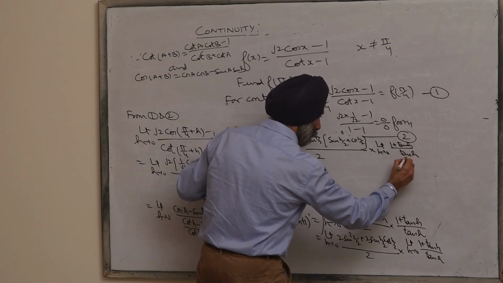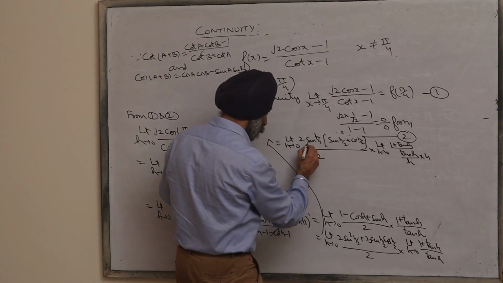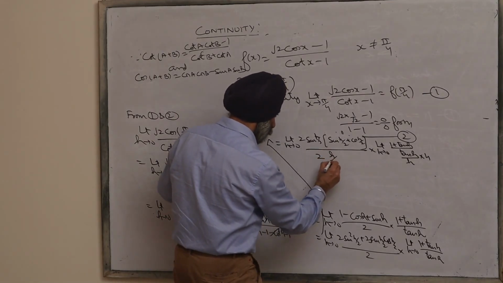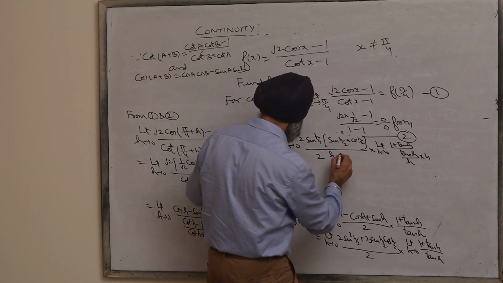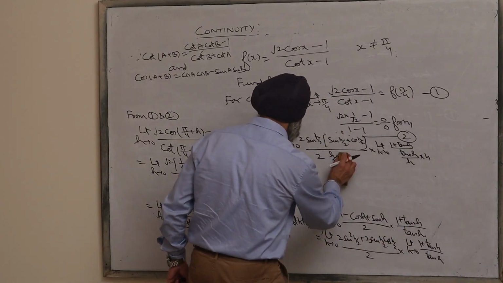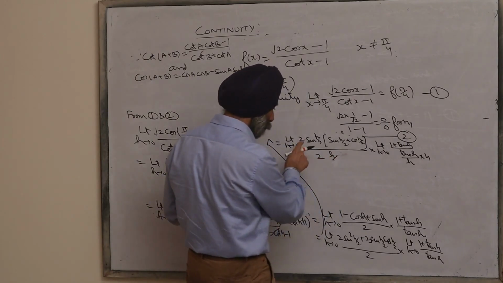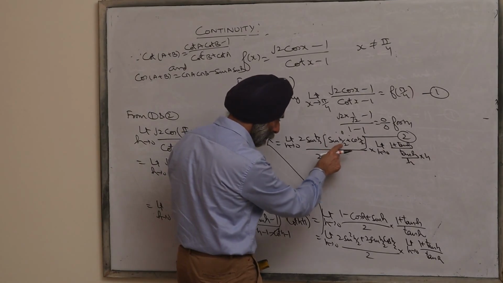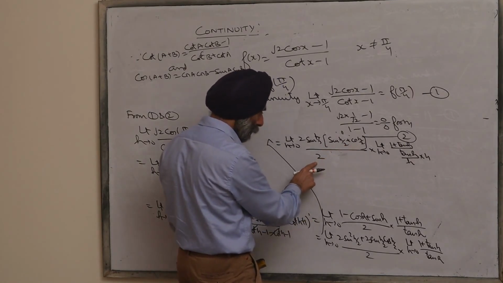Now upon h into h, so from here upon h by 2 into 2. So again, let me write down this step here. This is your 2 sine h by 2 into (sine h by 2 plus cos h by 2) upon this 2 here.